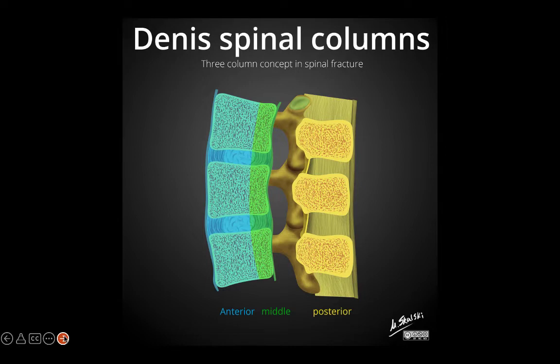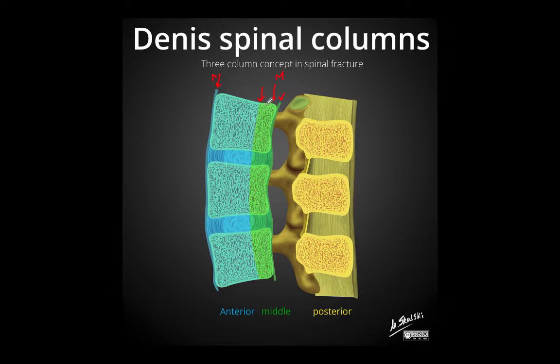So here's a really nice illustration from our DAC friend, Dr. Matt Skowski, outlining the three columns of the spine from a lateral perspective. The anterior column runs from the anterior longitudinal ligament, illustrated in light blue, to the mid to posterior aspect of the vertebral body.